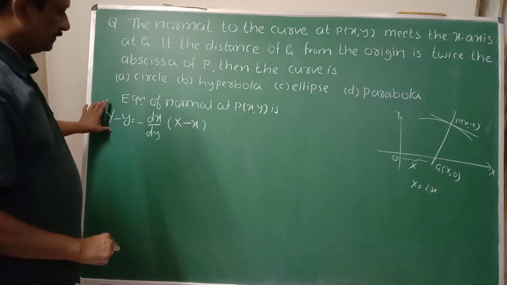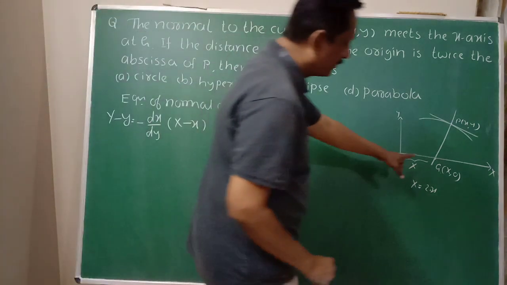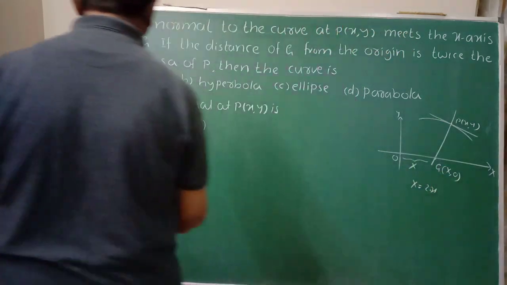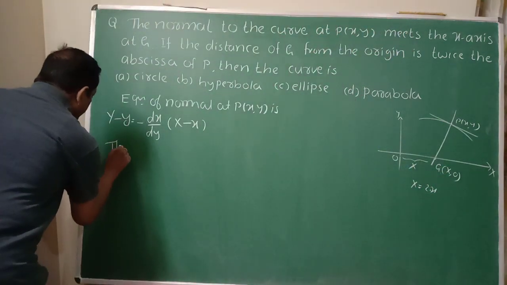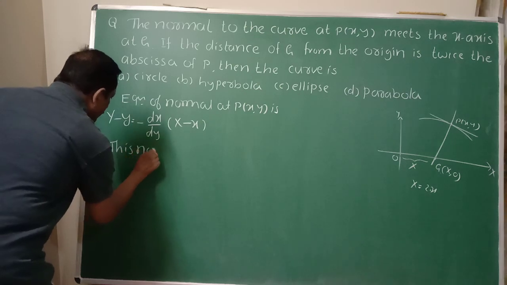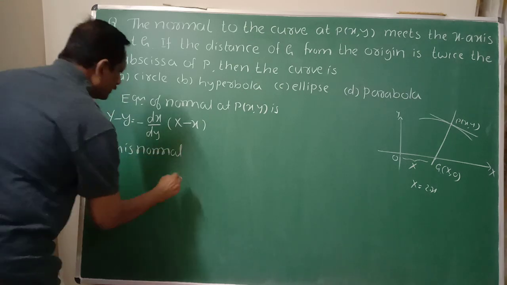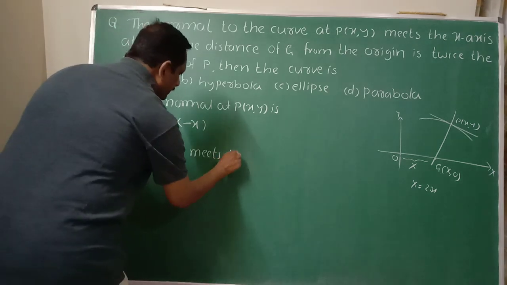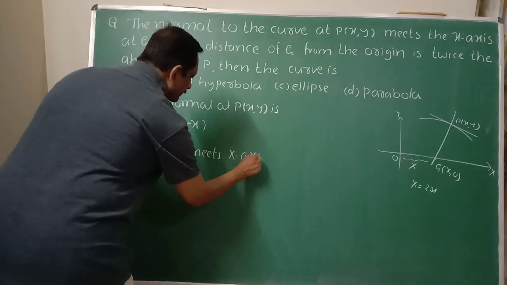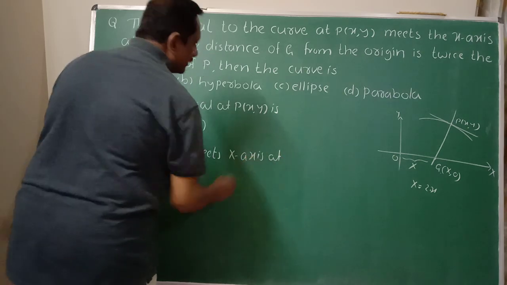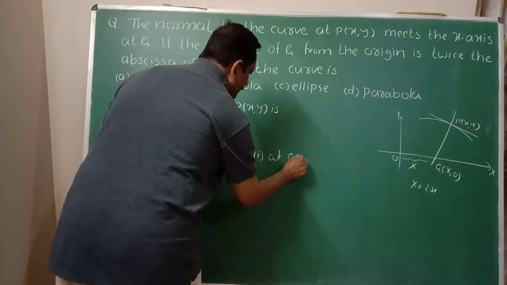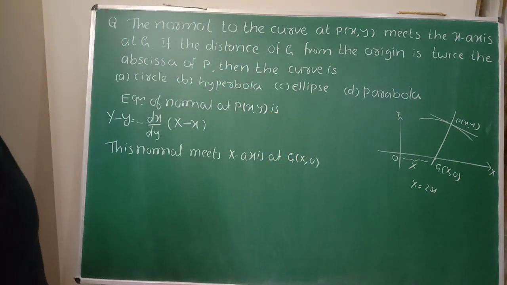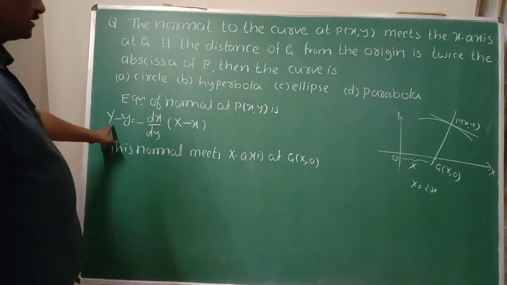This normal meets the x-axis at G. Consider the coordinate of the point G as (X, 0). At that point the coordinate is (X, 0), therefore substitute Y equal to 0.